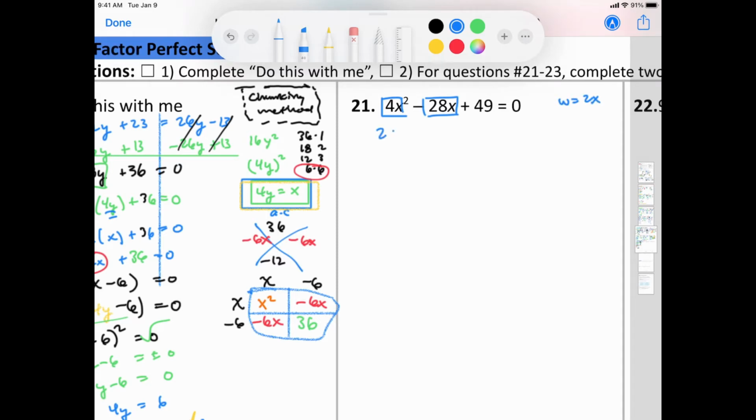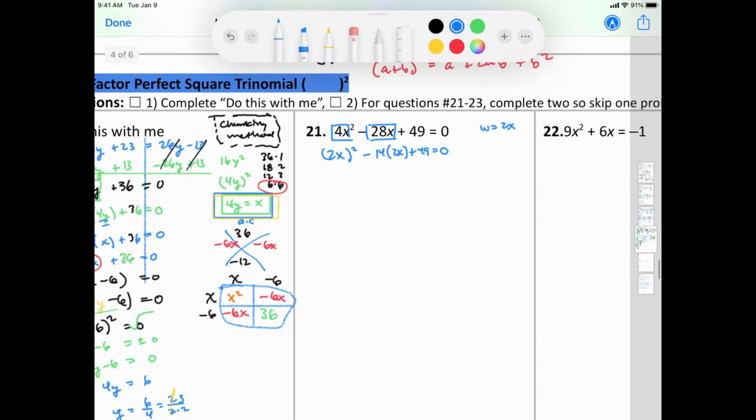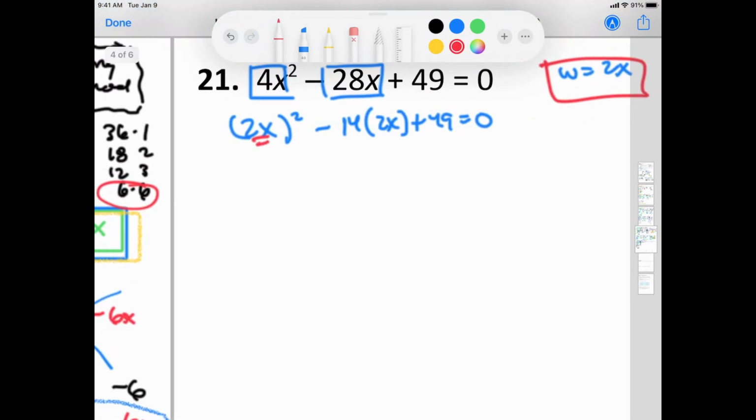I got this from here: 2x squared minus 14 times 2x plus 49. Every time I see 2x, I can write w. So you get this.